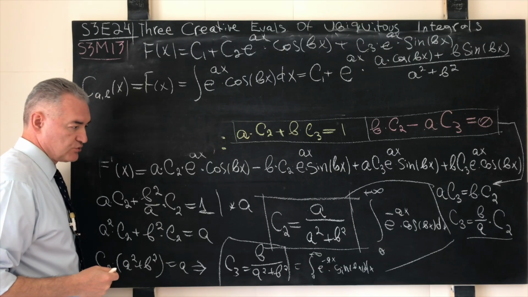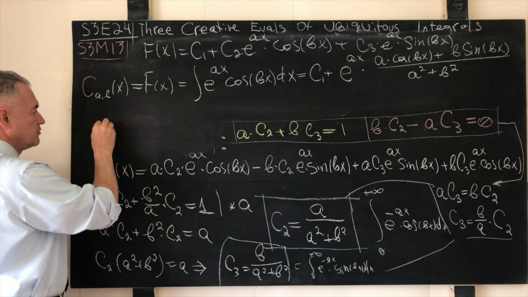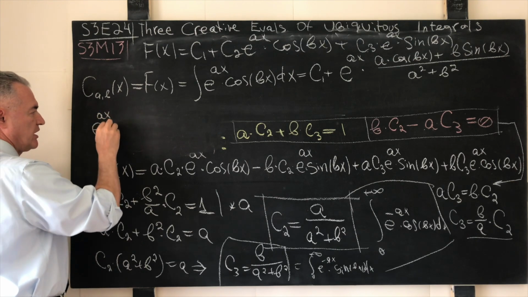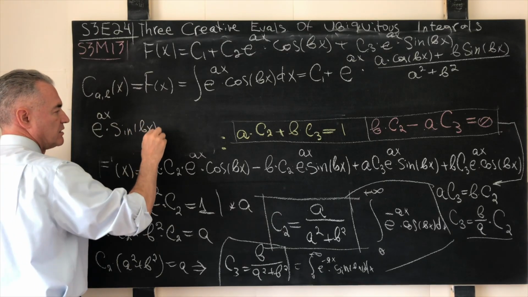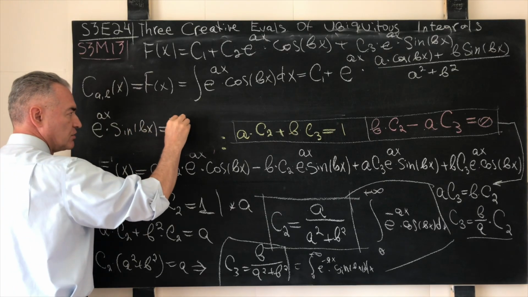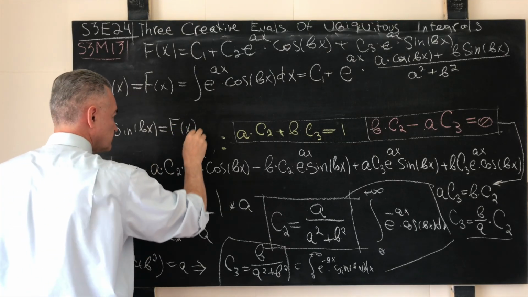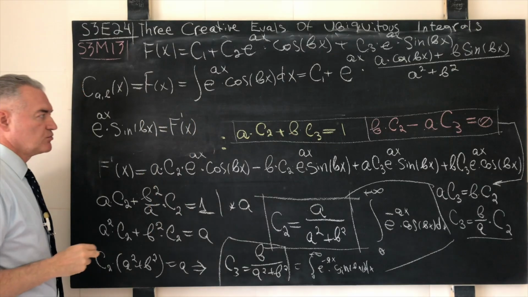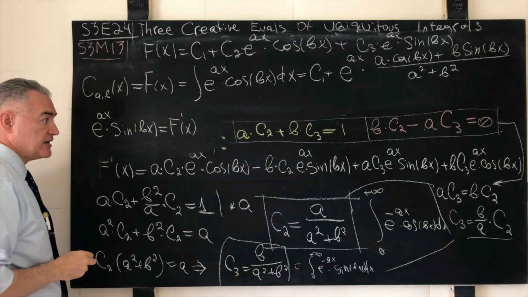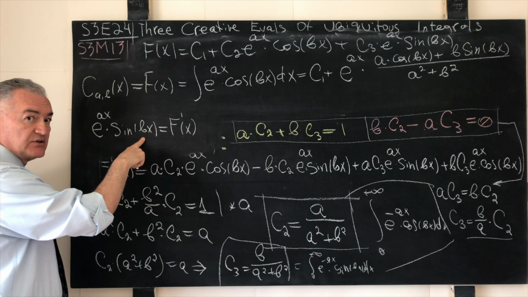You should prove to yourself that if you start with the following expression, let's say it will be e raised to the power ax times sine of bx equals your antiderivative f of x, taken with the first derivative, then you will construct exactly the same differential equation.